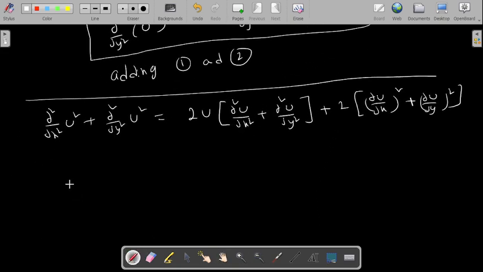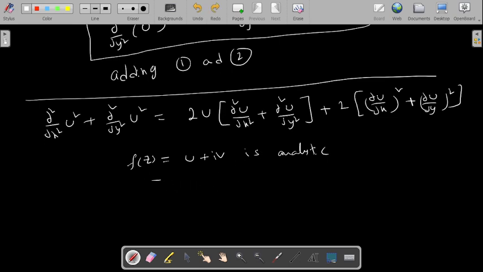So now here, in the question, given f(z) = u + iv is analytic. When it is an analytic function, it satisfies 2 conditions.